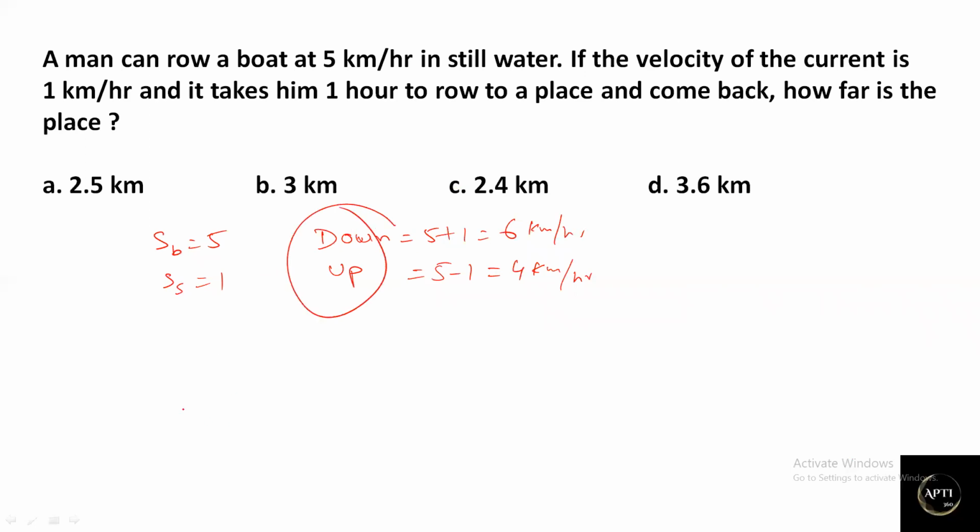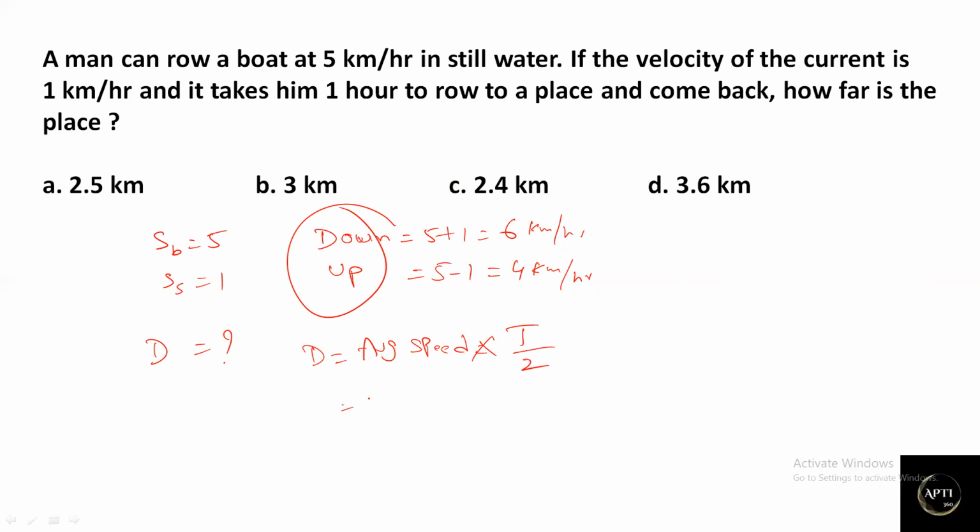Now, whatever distance we need to find, distance is equal to average speed into time. If it is the total distance, we need to consider the total time. If it is only one distance, we need to consider half of the time.